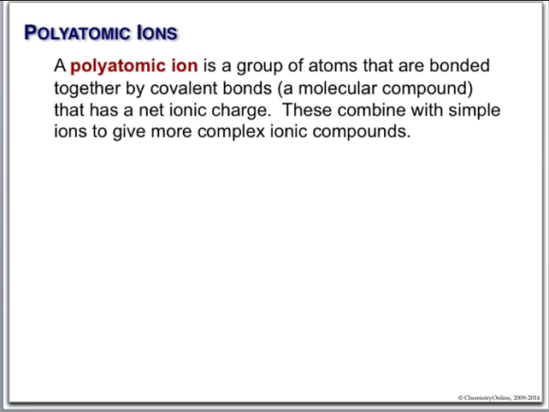A polyatomic ion is a group of atoms that are held together by covalent bonds. So that's molecular. But that group is charged. It'll either be negative, most commonly, or positive.